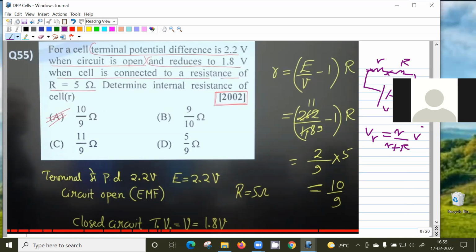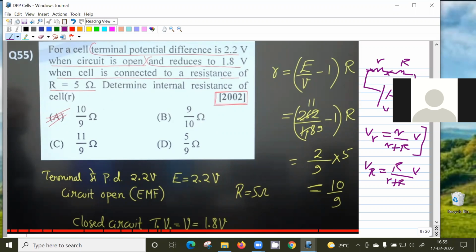This is a series combination of r and capital R with a total voltage drop of V, so the voltage gets divided in direct proportion. So what is V across capital R? Its resistance divided by the total resistance: R divided by r plus R, into the total voltage V.